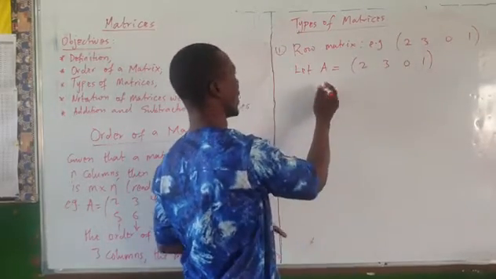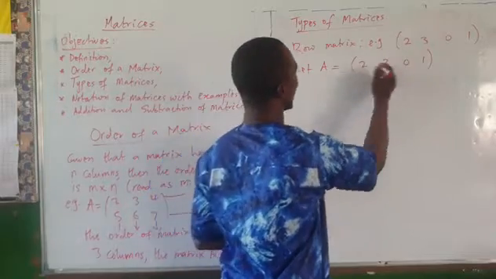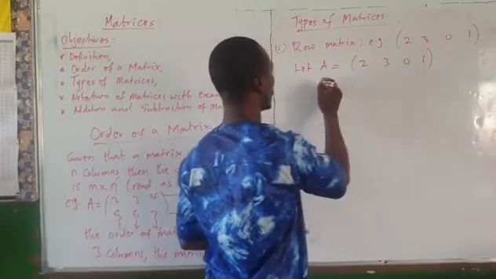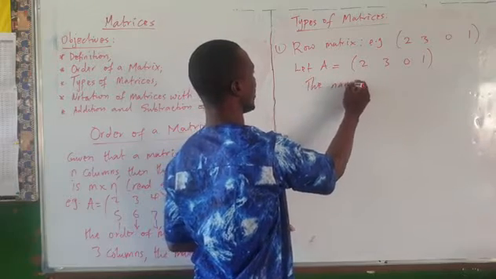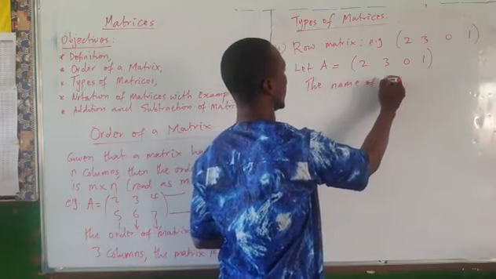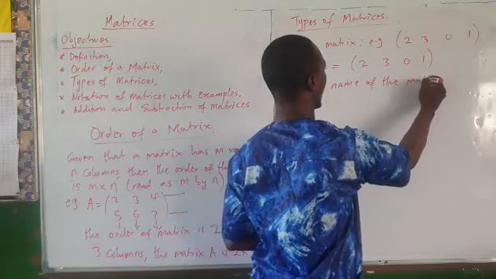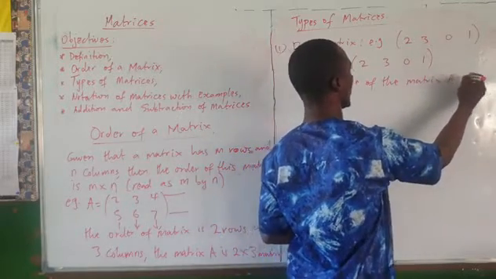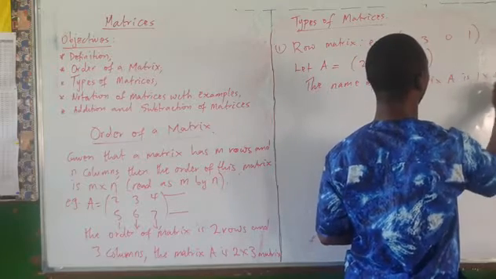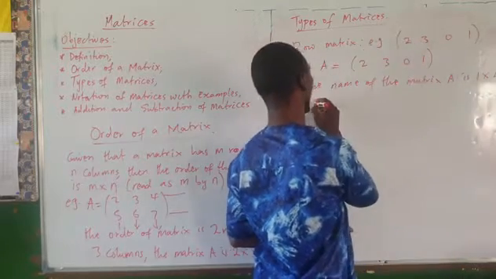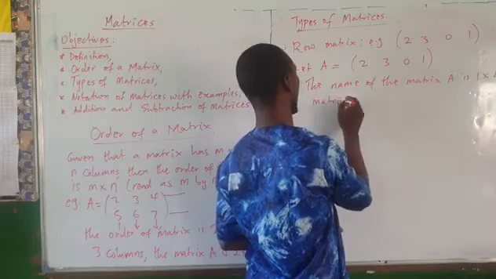We name this matrix by counting: 1 row and 4 columns. So the name of matrix A is 1 by 4 matrix, which is a row matrix.